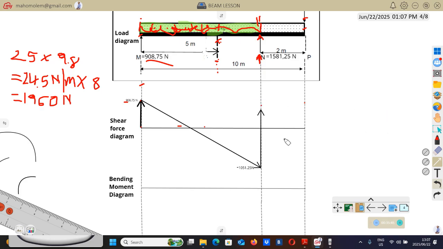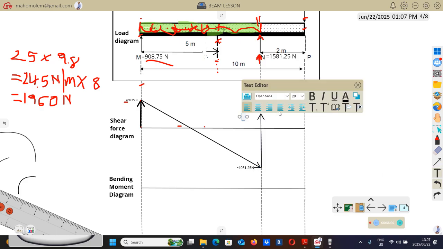Maybe that 530 will start from here and end there. Then you must also name it there, 530 Newton.